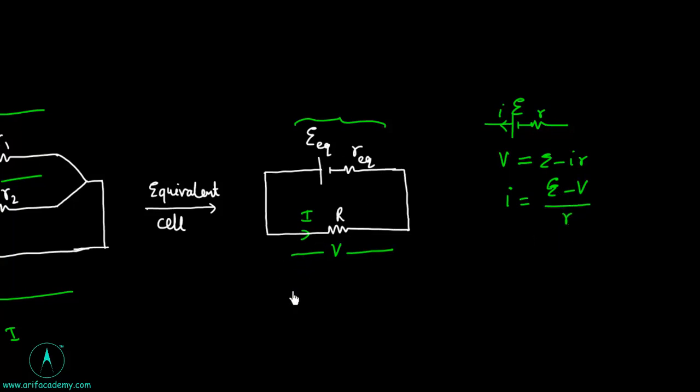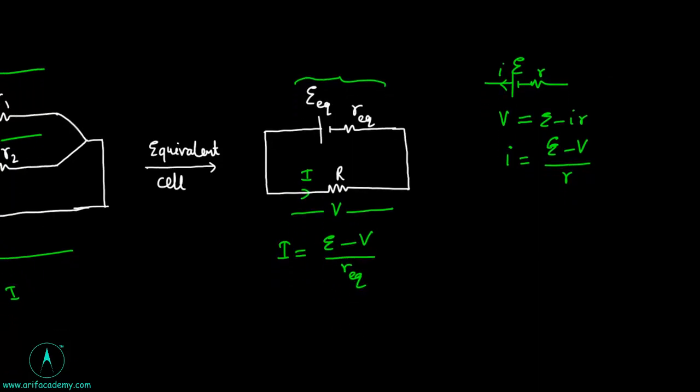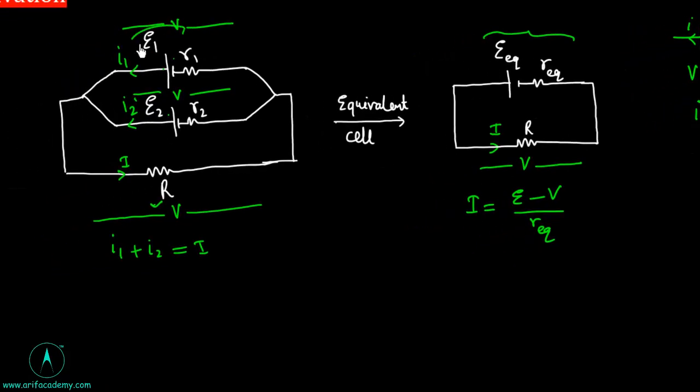So in that case I here can be written as E minus V upon R, and for the equivalent cell, E minus V upon R equivalent. So for the first cell I1 can be equal to E1 minus V upon R1, and I2 can be equal to E2 minus V upon R2.